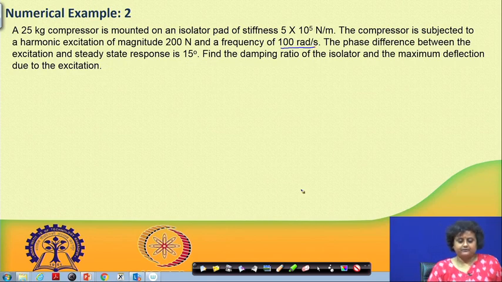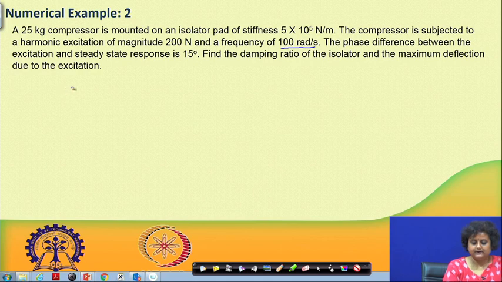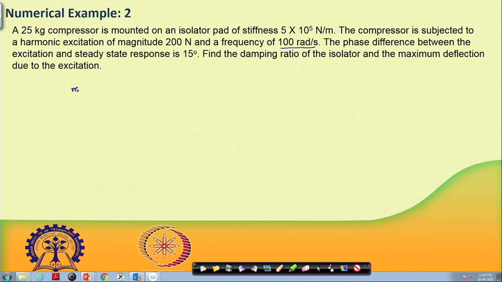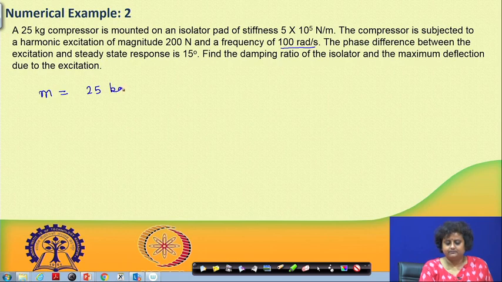So, let me summarize this problem. We have mass m, which is equal to 25 kg. This is given for a single degree of freedom. The stiffness K is given as 5 into 10 to the power 5 Newton per meter.